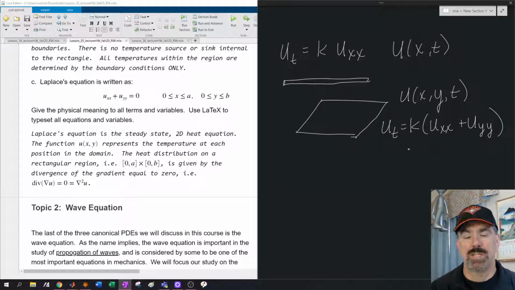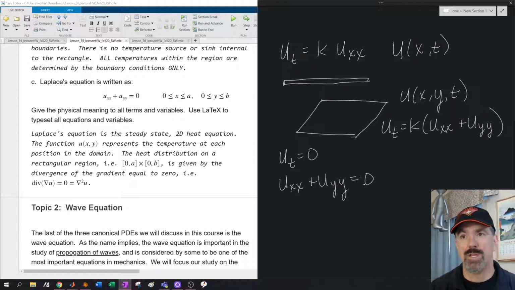And in the situation that we have with Laplace's equation, it's just steady state. So this part here is zero. We have no evolution of the temperature with respect to time. And then of course what that leaves us, we could divide the k over, and that leaves us with Laplace's equation, which is nothing more than u_xx plus u_yy is equal to 0.